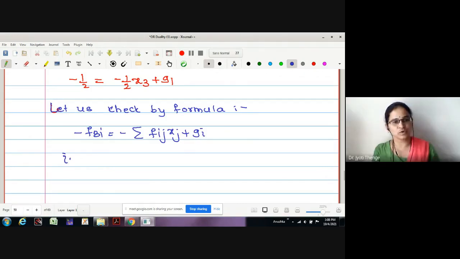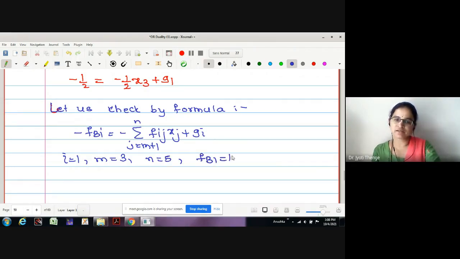Here i is equal to 1. Number of basic variables 3. Number of total variables 5, no? And fB1 is half. Let us put all the values: fB1 minus summation j equals 4 to 5, minus f1j xj plus g1.